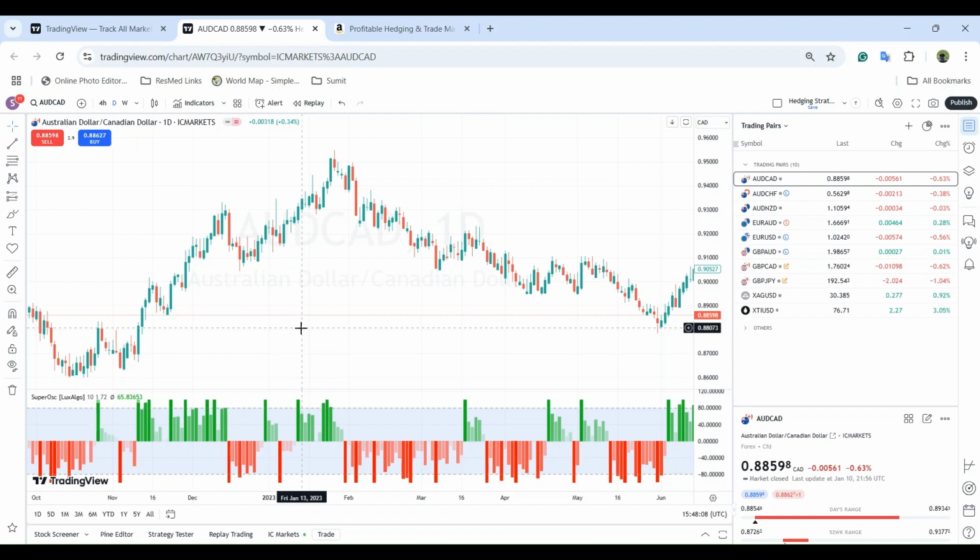The difference being that it's not going to be a 1:1 trade, but a 1:2 trade. So if the sell trade that we'd taken on the 5th or the 6th of January is, let's say, one lot, the trade that we take on the 13th of January is going to be two lots.